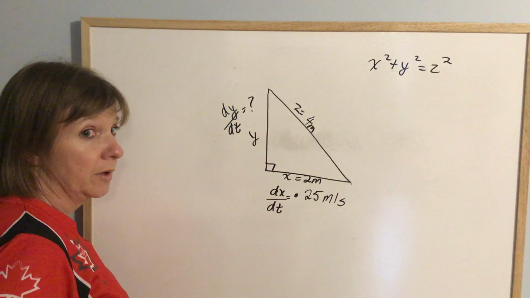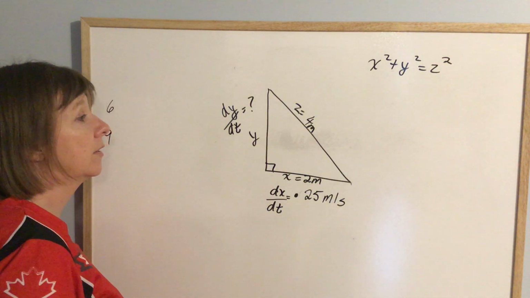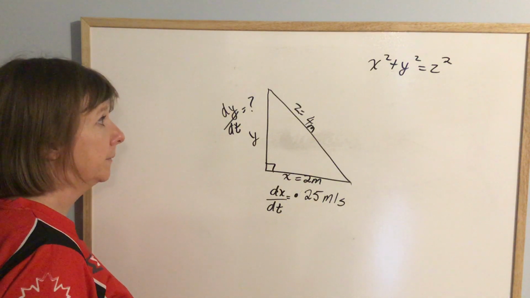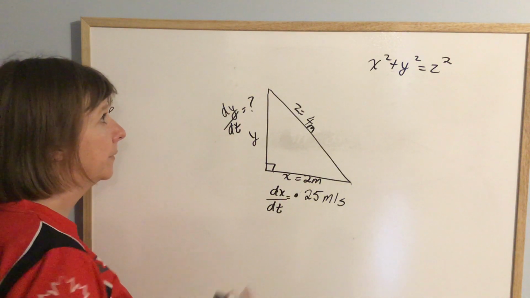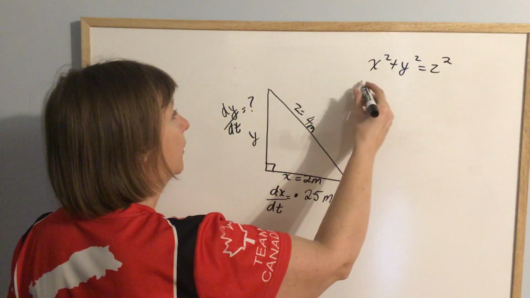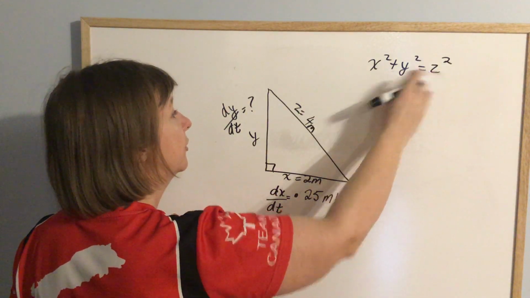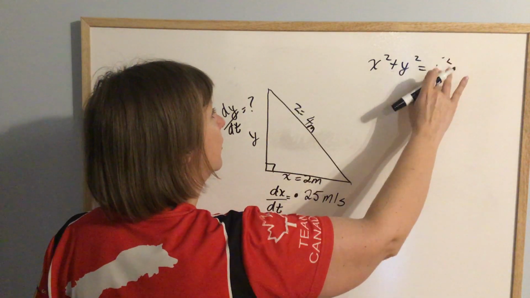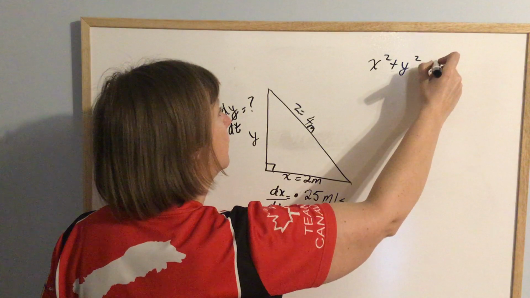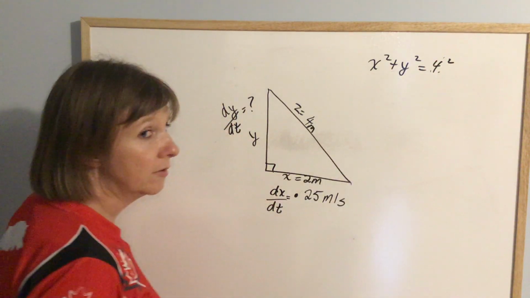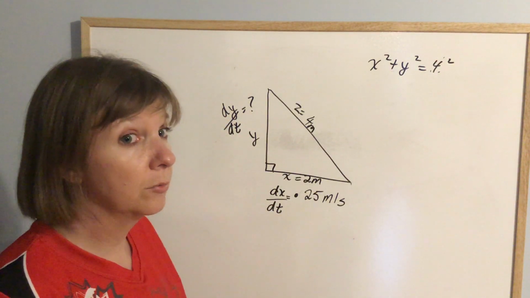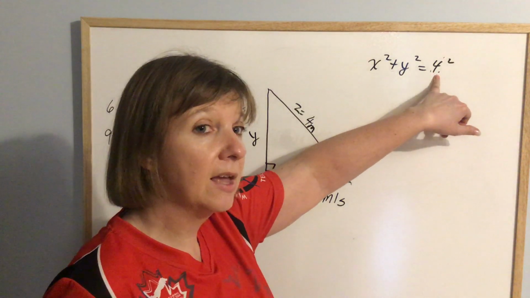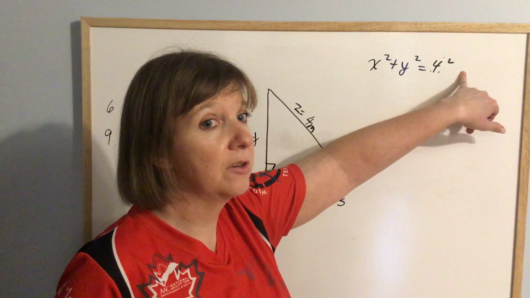And I know that the derivative of this would be, but instead of z squared, I'm actually going to put the value in. I'm going to put 4 squared. There's a reason why I'm going to do that, because if I leave it as z, when I do the derivative I'm going to have a dz over dt.